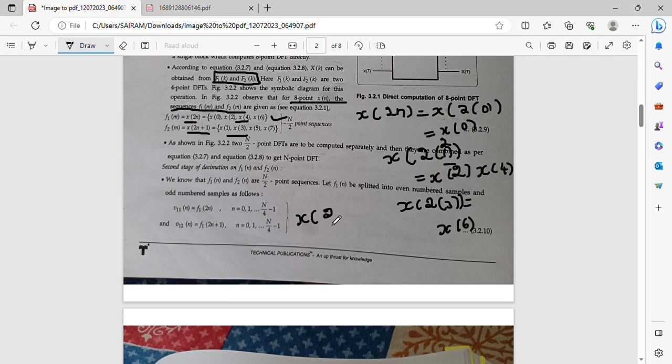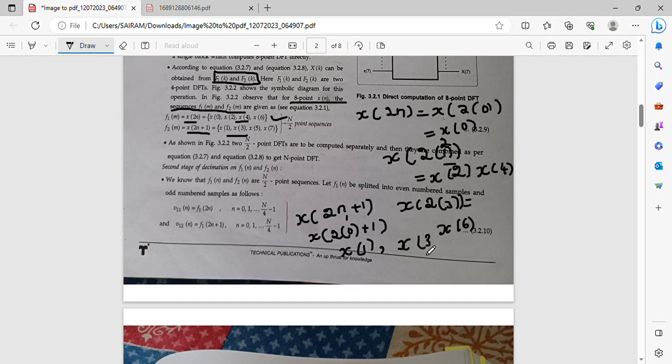If you substitute n equal to 0, the very first value is 0, so 2 into 0 plus 1, which is equal to x of 1. Next, if I substitute 1 here, I get 2 into 1 is 2, 2 plus 1 is 3.